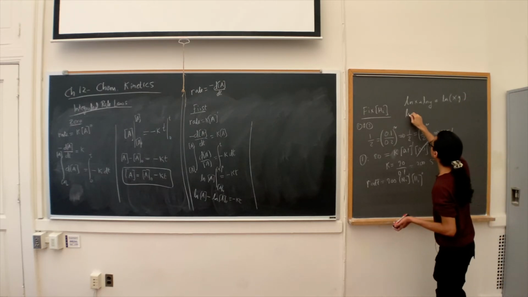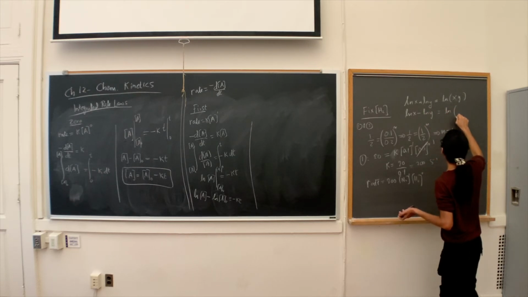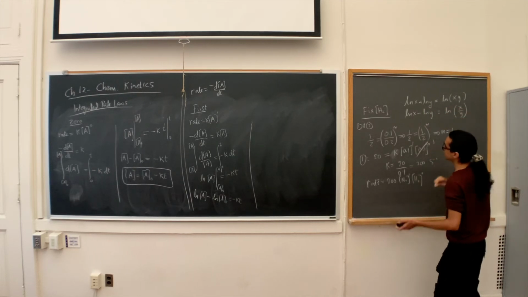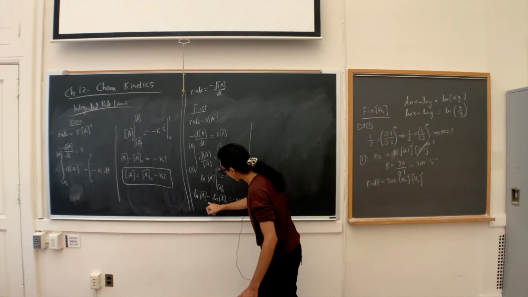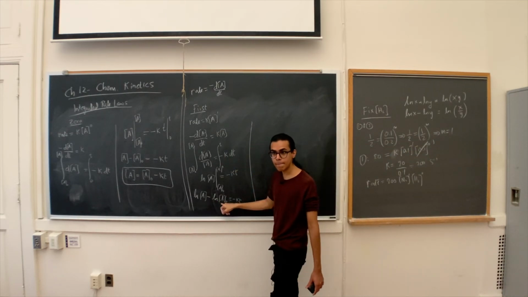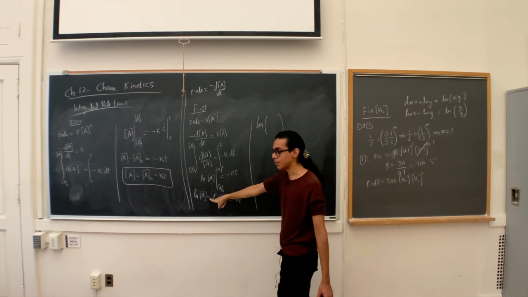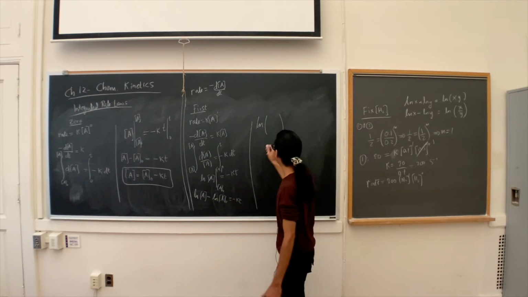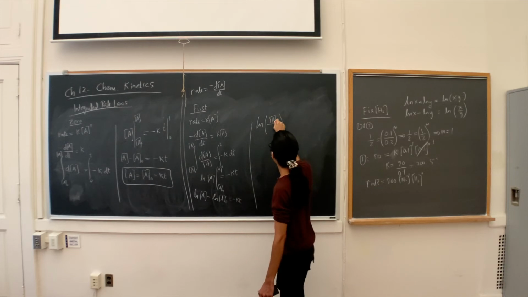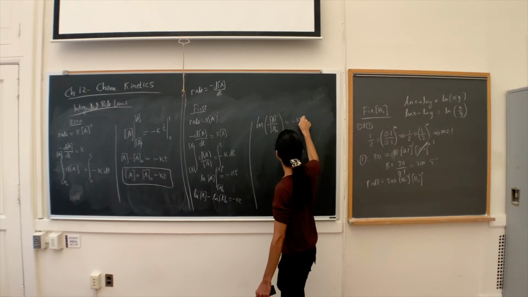And if I have subtraction, that turns into division, x divided by y. So ln a minus ln a naught becomes a over a naught, that equals minus kt.